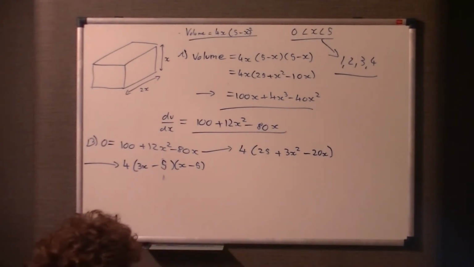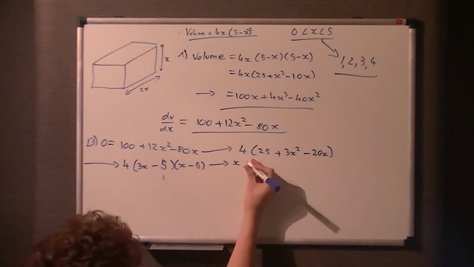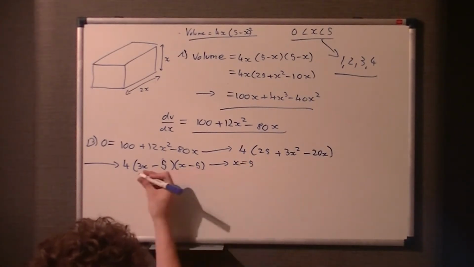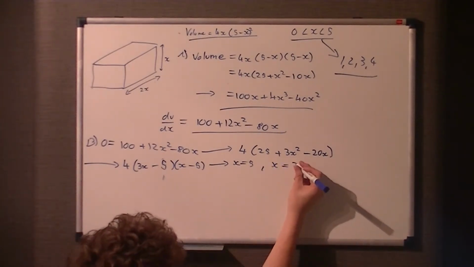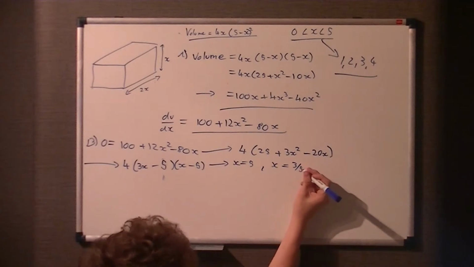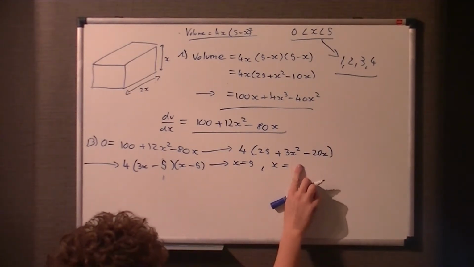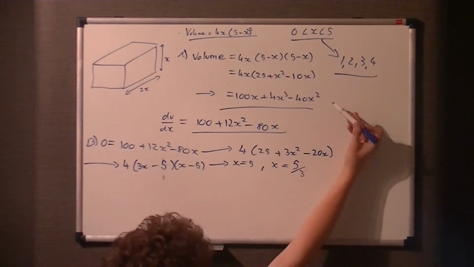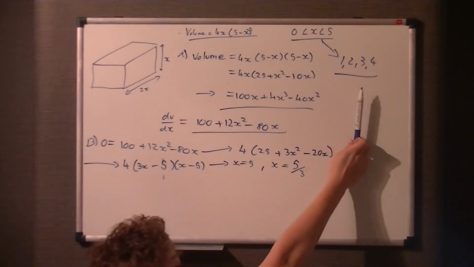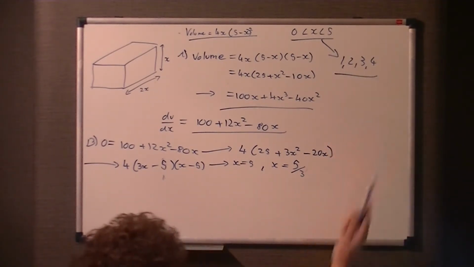So, what can we deduce from this? Well, x is either 5 or x is equal to 5 over 3, sorry. Now it tells us up there it's going to be 1, 2, 3 or 4.